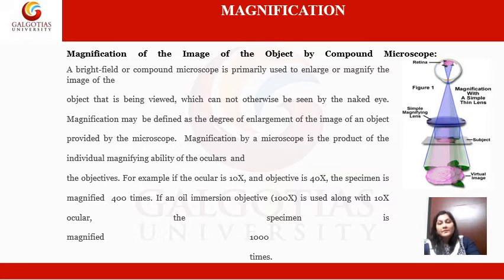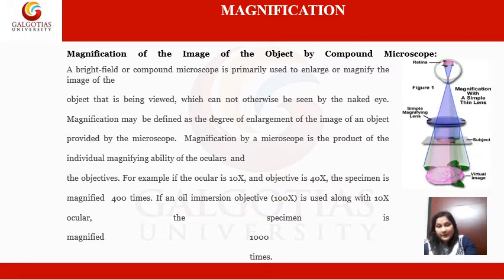Okay, and the objective has the capability to magnify the object up to 40x. So the overall magnification of the compound microscope will be the product of 10x and 40x, and that will be equal to 400x. Okay, so this should be very clear to you that the overall magnification of the compound microscope will be the product of the individual magnifying ability of the ocular and the objective.